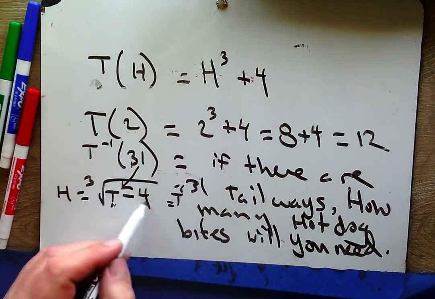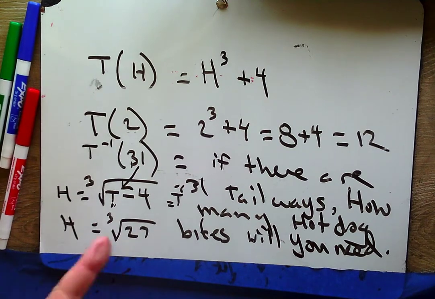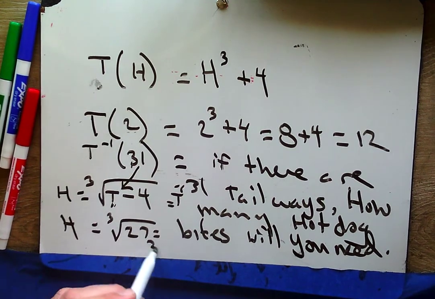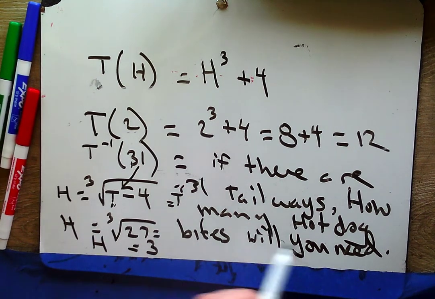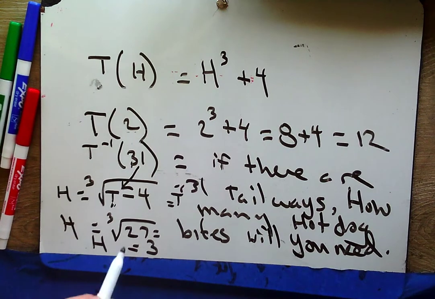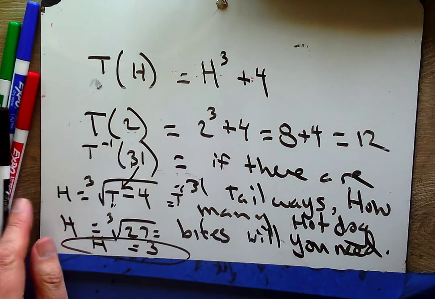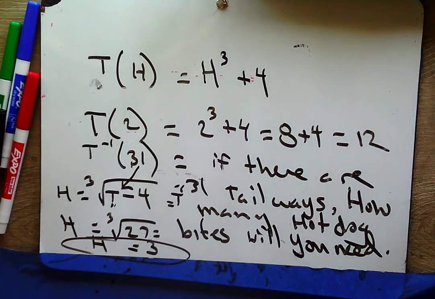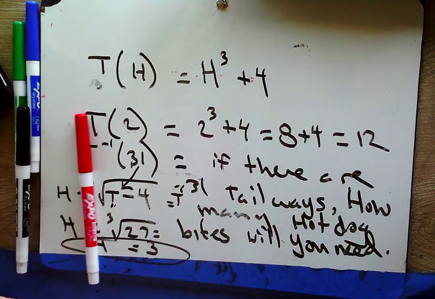So 31 minus 4 is 27, and the cube root of 27 is 3. So we know that h would be 3. How many hot dog bites will there be? You will need 3 hot dog bites if there are 31 tail wags. All right, so I think we're beginning to get a little more comfortable with that.